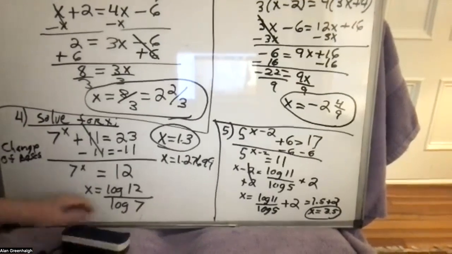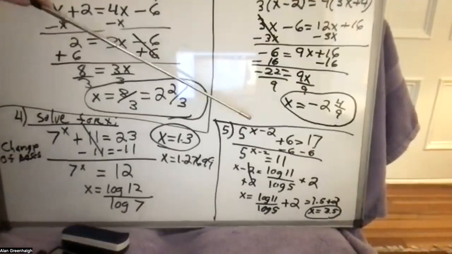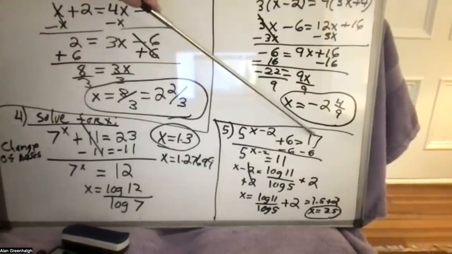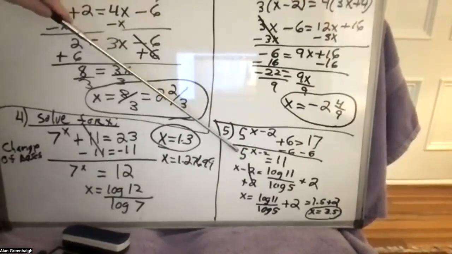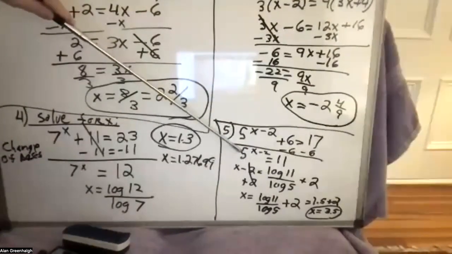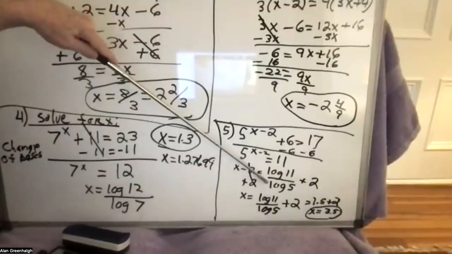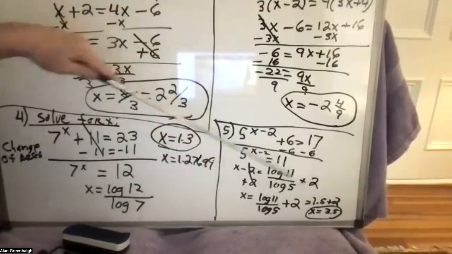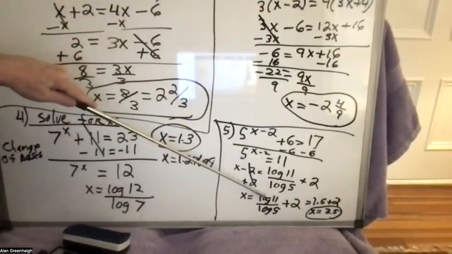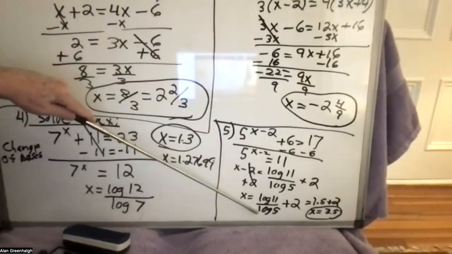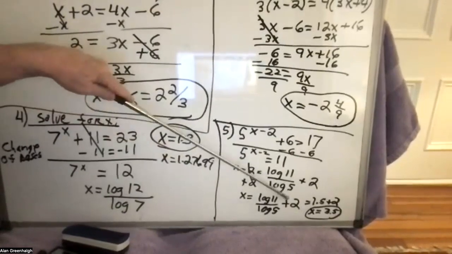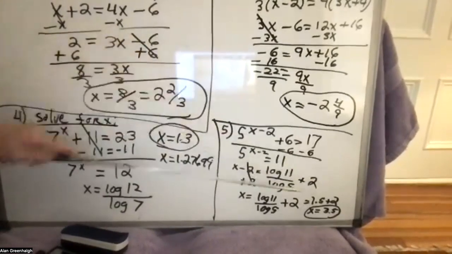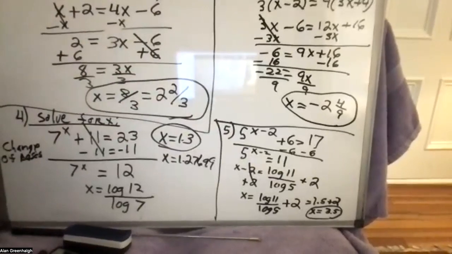So in other words, in doing this problem, you're first bringing the 6 over, then it becomes a change of base problem. And you make that the change of base, but then you have to bring over the 2. So I figured out what log of 11 divided by log of 5 is, and then I simply added 2 to it, and I wound up with 3.5.